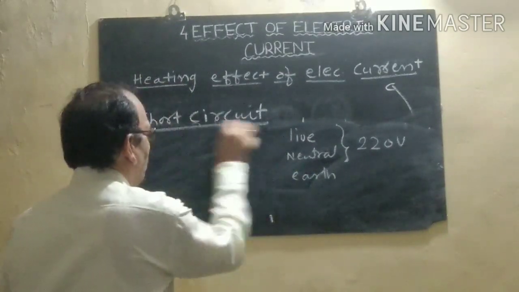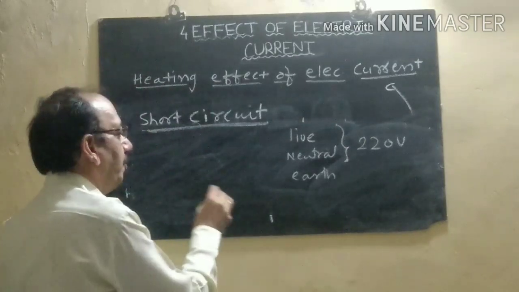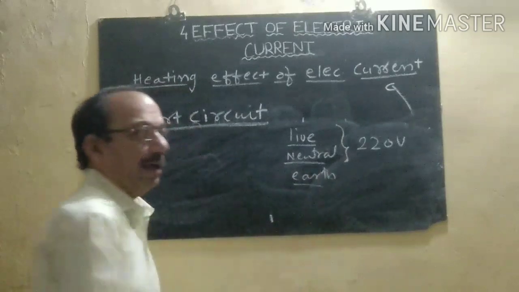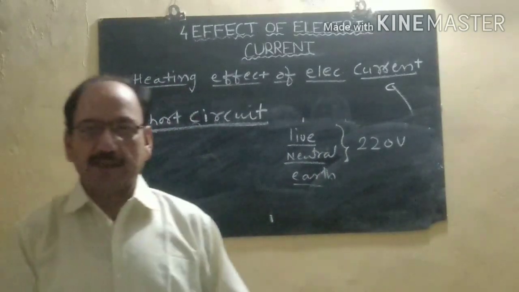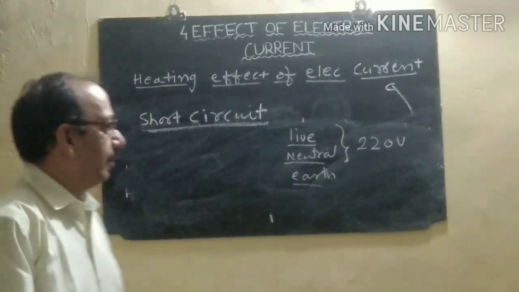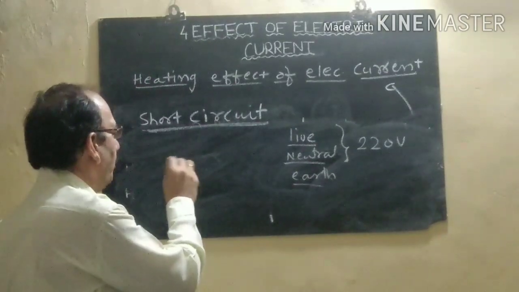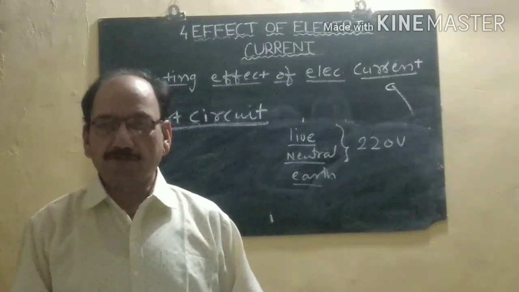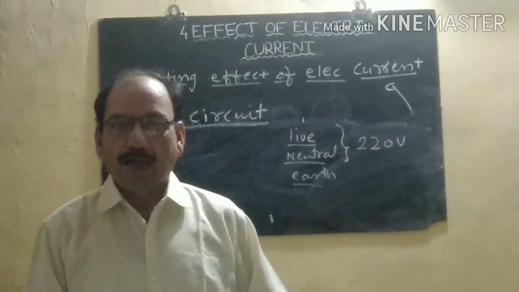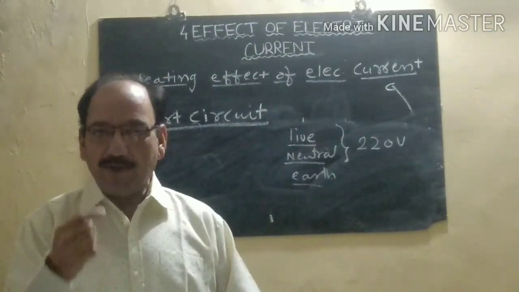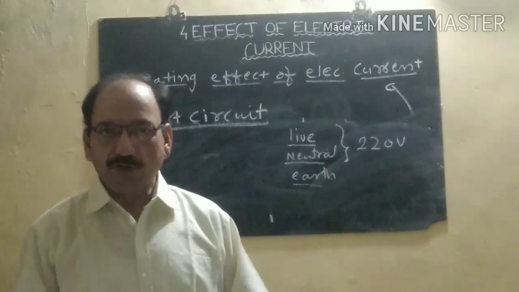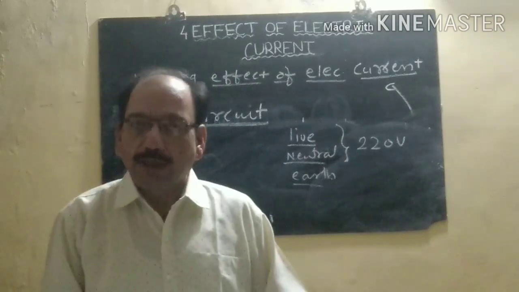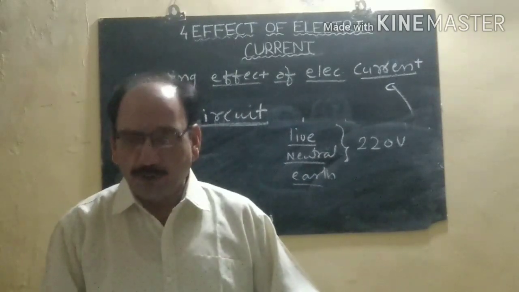So what is the cause of short circuit? You know that the live wire, neutral wire, and earth wire are insulated with plastic, and when for some reason the covering of the wire gets damaged, the live wire and neutral wire touch each other, and more current passes through the wire.